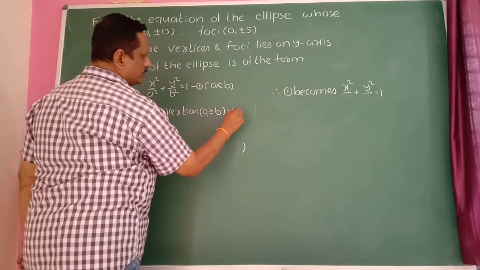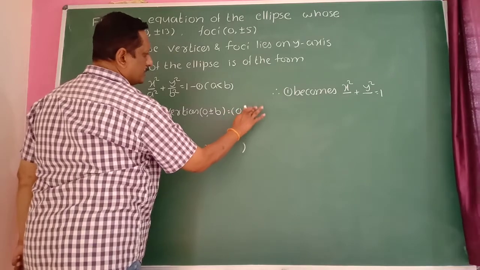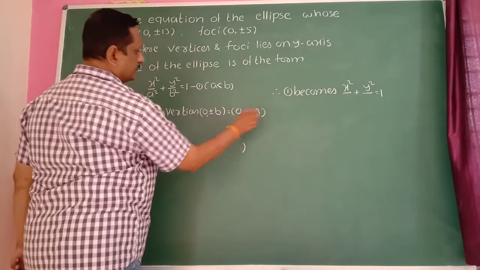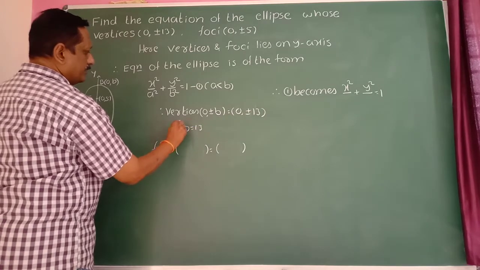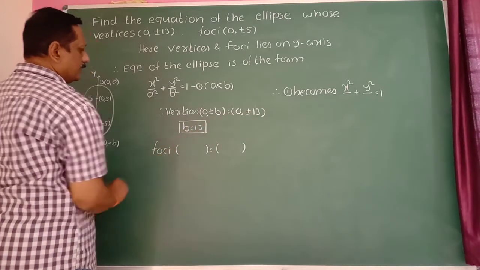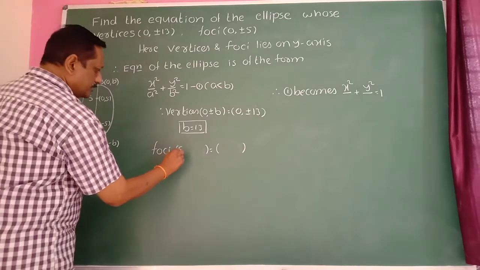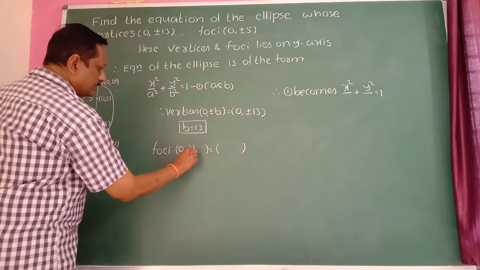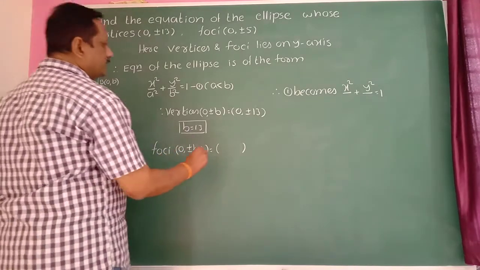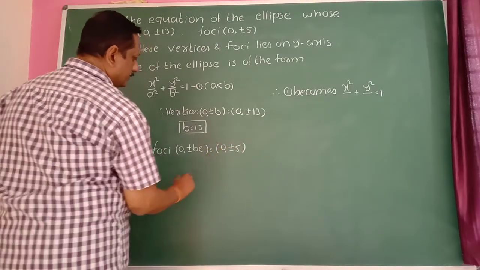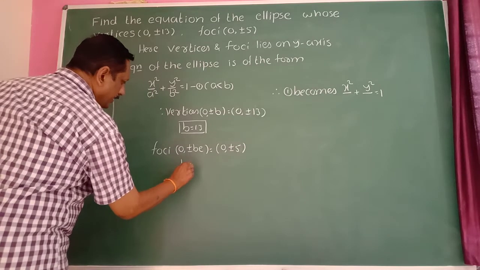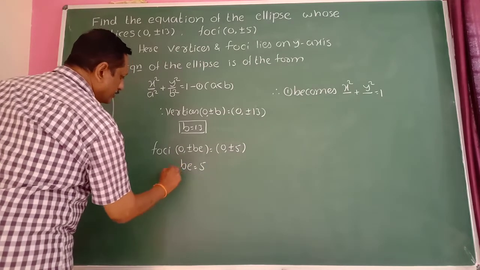Therefore, b is equal to 13 here. And foci, 0, plus or minus b into e is equal to 0, plus or minus 5. Therefore, b into e is equal to 5.